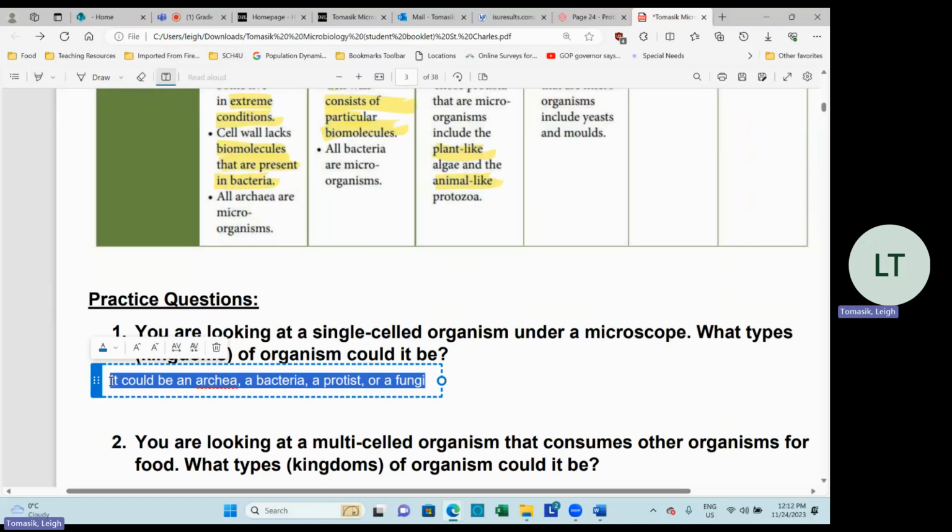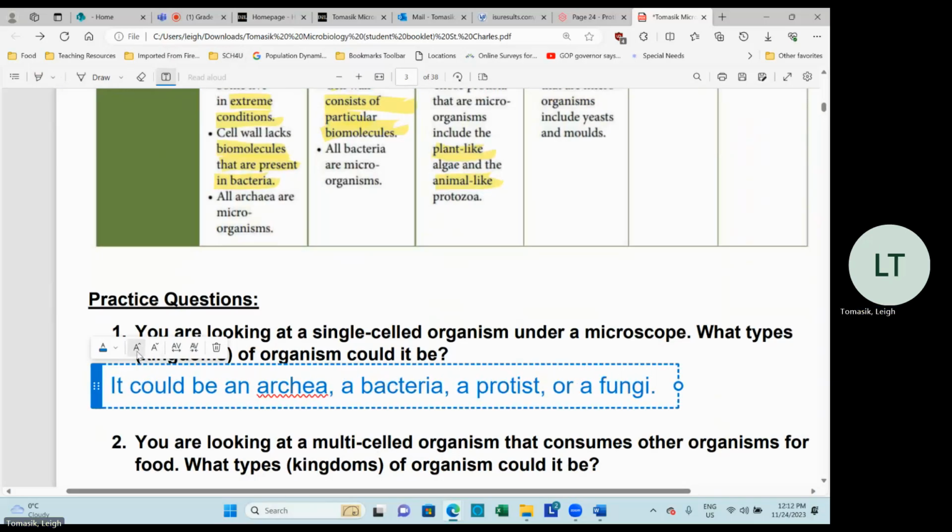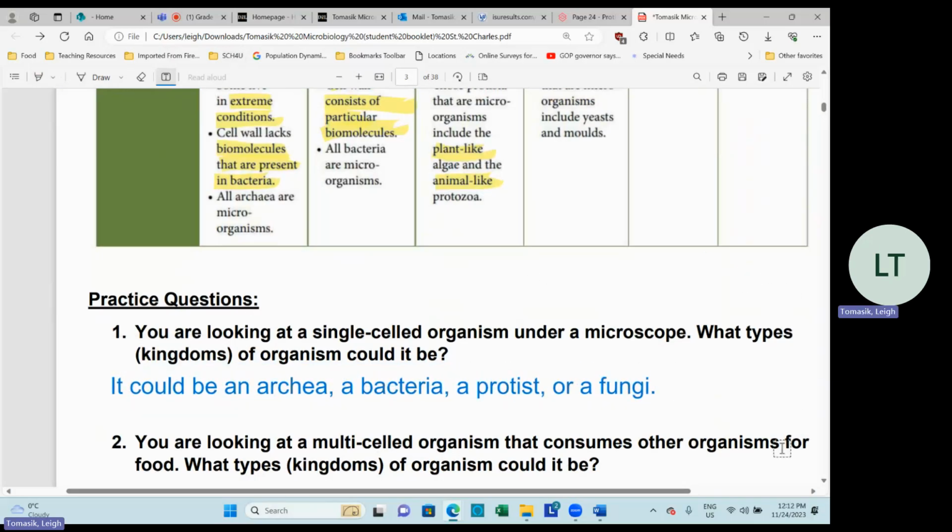It could not be a plant or animal because all of them are multicellular. Fungi and protists we know could be both, so we have to include them.